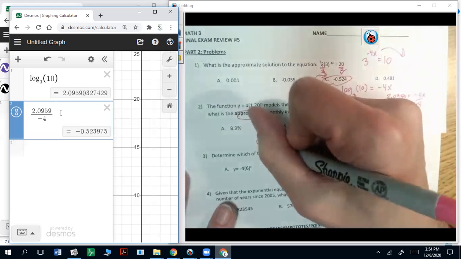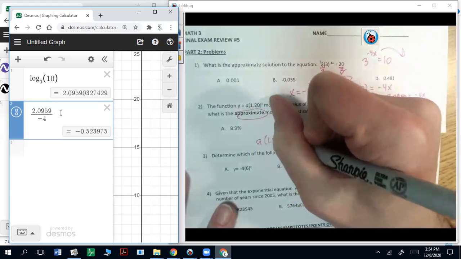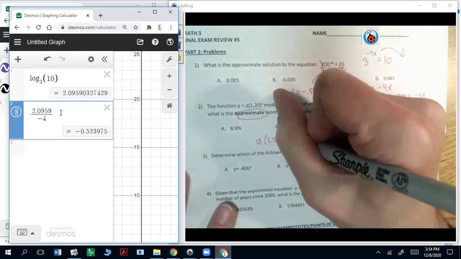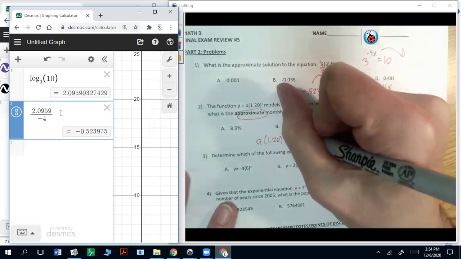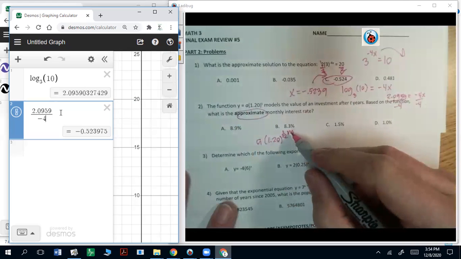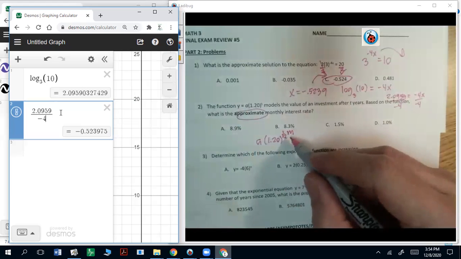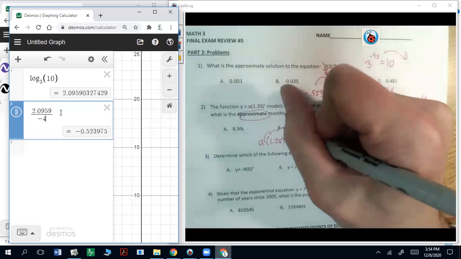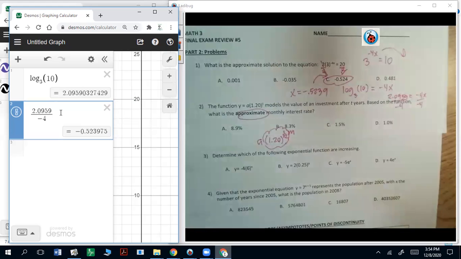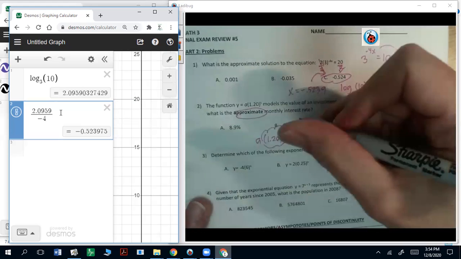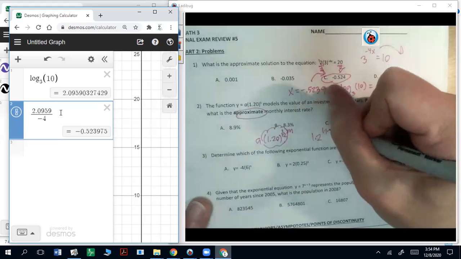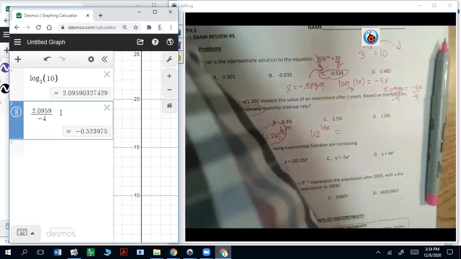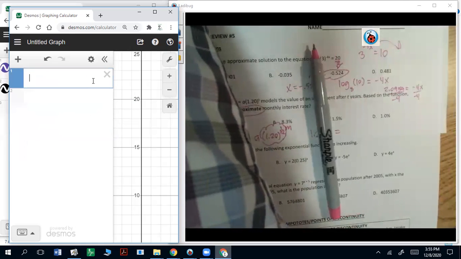So if you convert 1.2 to the 1/12th power, think of your time as months. If you have 12 months, 12 months times 1 over 12, that'll cancel out as a year. But then you can figure out what that base is as a monthly. So you do 1.2 to the 1/12th power, and that'll give you your monthly base.